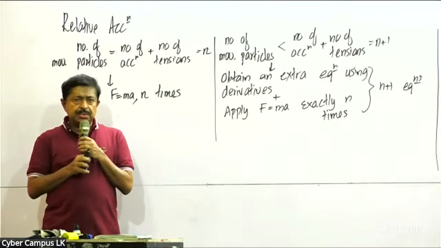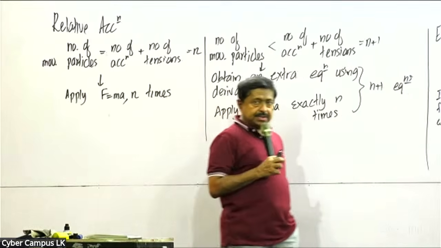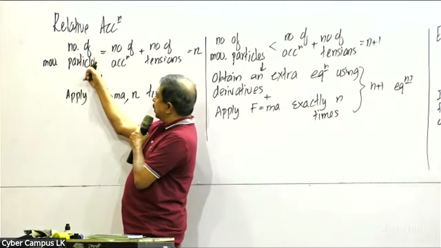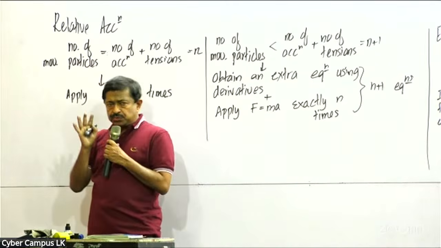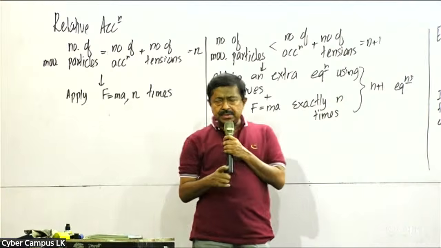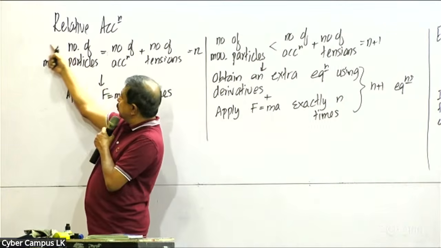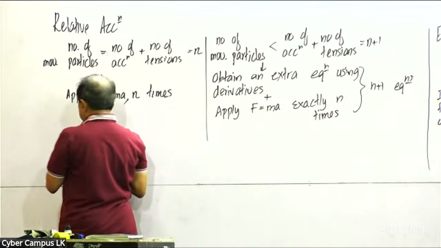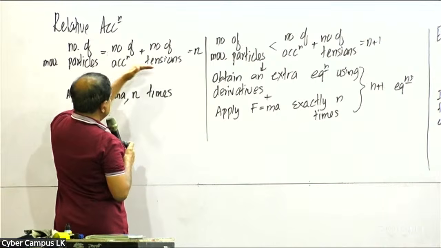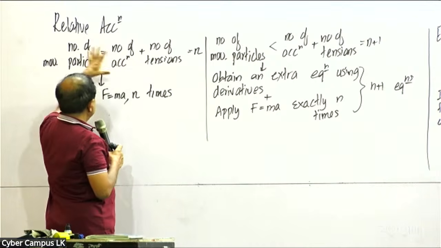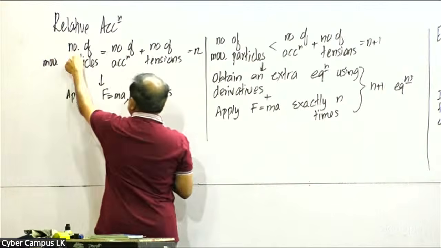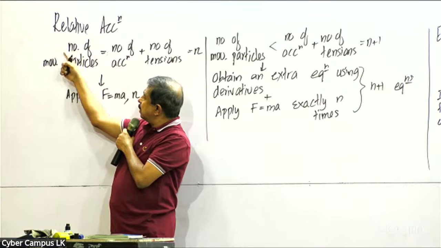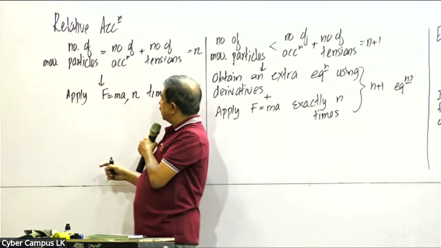Last time we went through the basics of relative acceleration. This is the summary of that. In a problem related to relative acceleration, the number of equations you can obtain, without reactions, is equal to the number of moving particles.